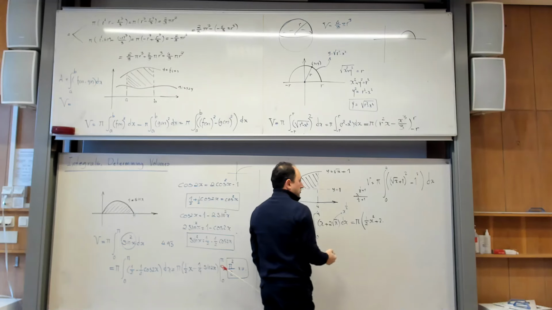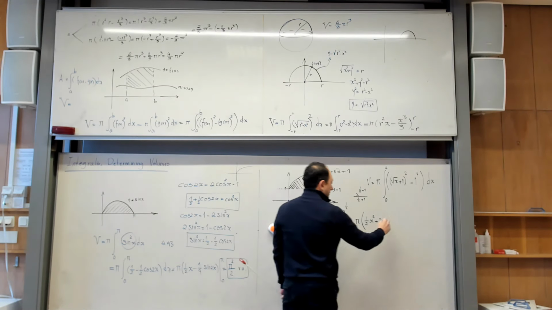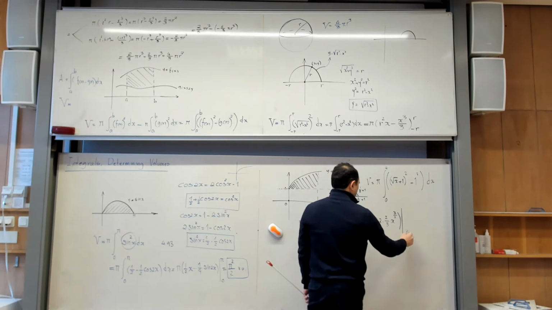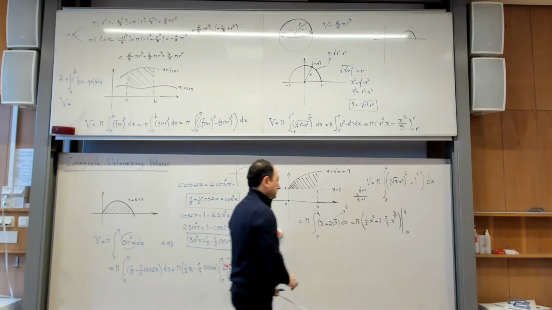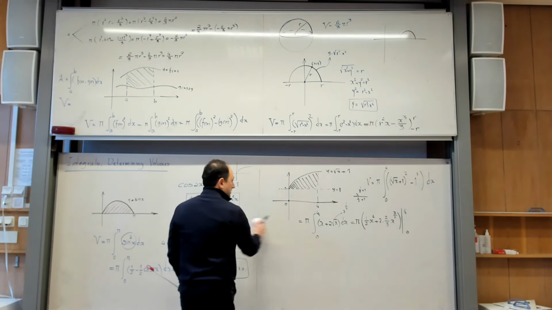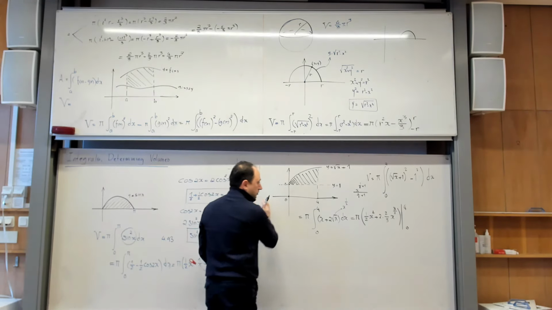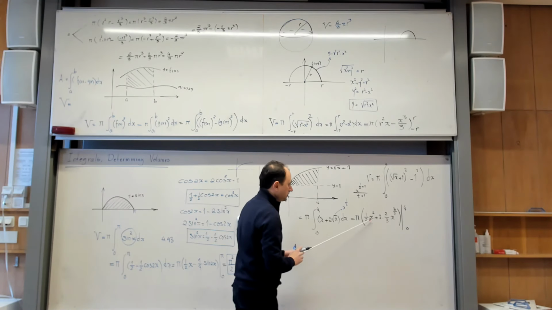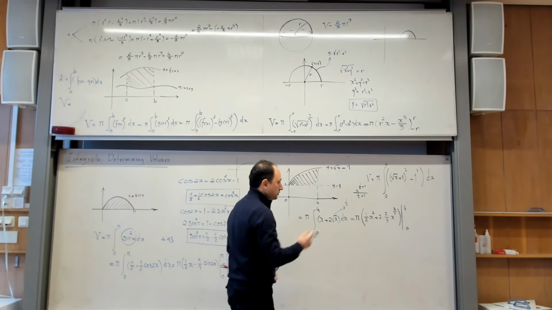So you can do it in your head. It becomes 2 over 3 x to the power of 3 over 2. And it goes from 0 to 4. So this is the number that I have to calculate. The good news is that I don't need to worry about 0, because if I plug in 0, both of them vanish. So I need to plug in 4 here and there, and that will be my answer.